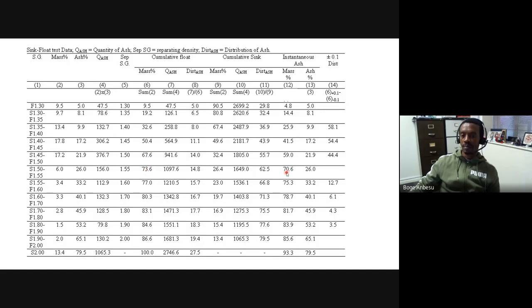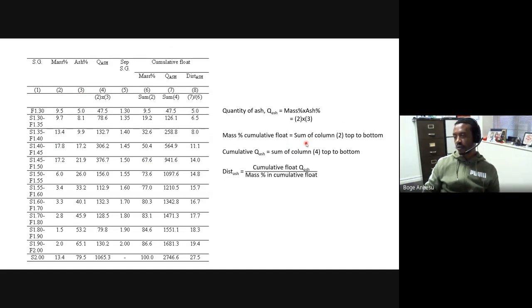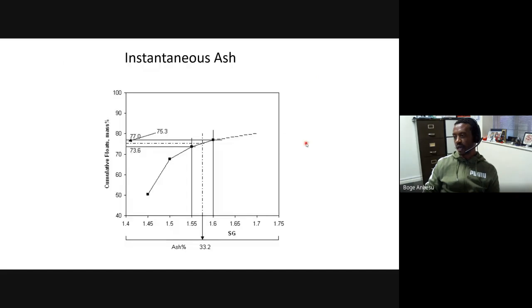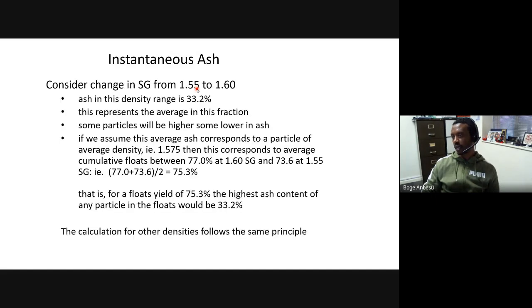Okay, so apply the same thing and you should be able to get all these numbers, if you just follow the same process. And the ash column 13 is simply copied from column 3. So it's just the ash percent. So it's copied there. So then if you did that, you should get the instantaneous ash, and that's how we calculate that, and that's how you should complete the table.